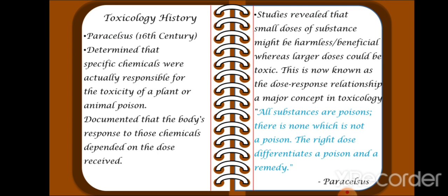Later in the video, we'll know what are the effects of dose on poisoning. Higher the dose, higher are the toxic symptoms. The study reveals that a small amount of a substance might be harmful or beneficial, whereas a large dose could be toxic. All these studies were shown by Paracelsus. This is also known as dose response relationship, a major concept in toxicology.